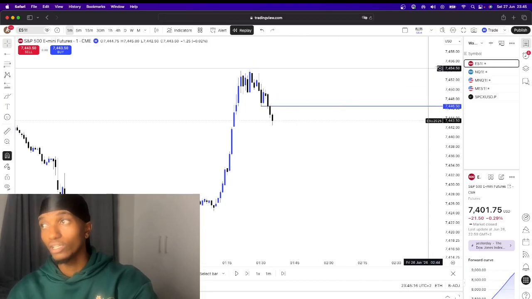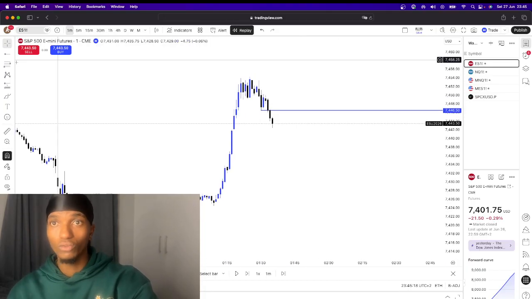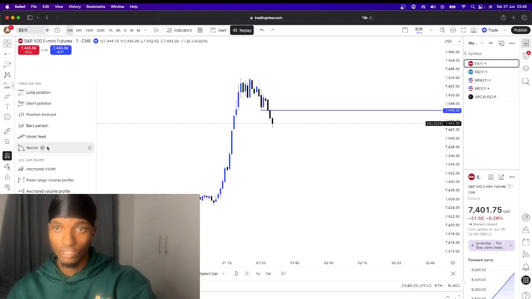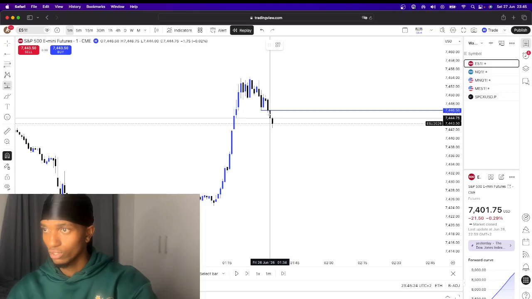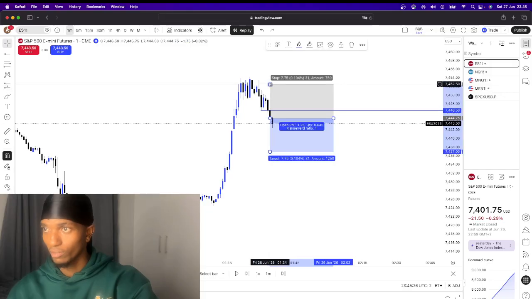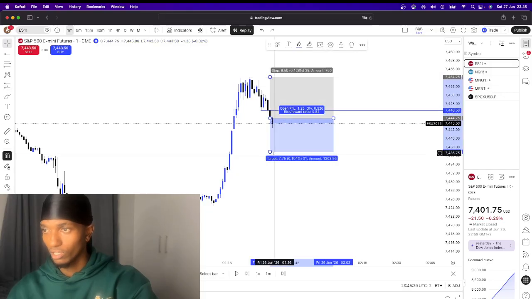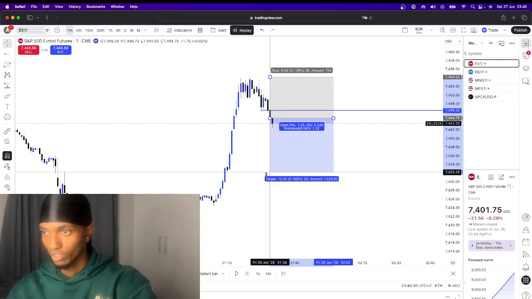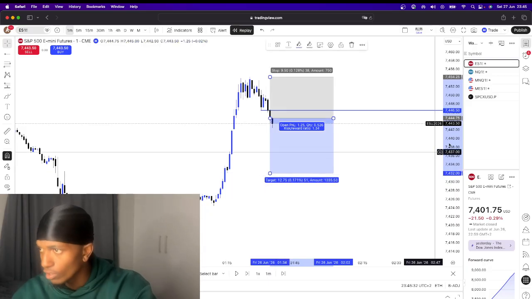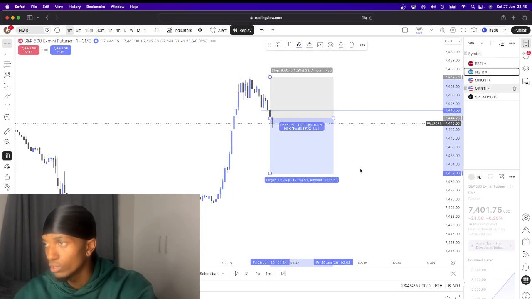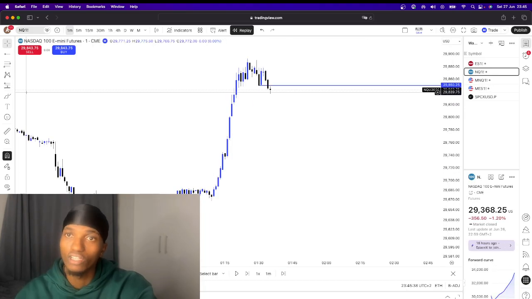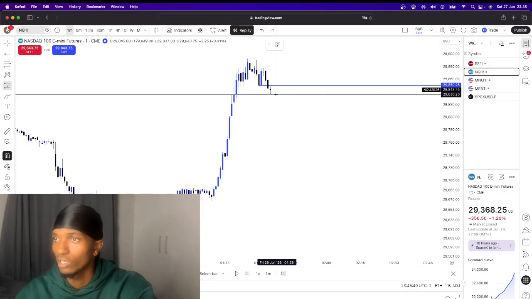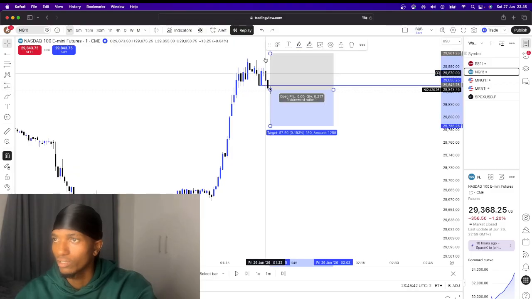So what does this mean? It means that if you are gonna take shorts in this case, okay, let's say you took shorts down there on the break, stop loss up there, perhaps your take profit would have been down here, right? We can do the same for NQ so that we can see which one is gonna hit our take profit first.